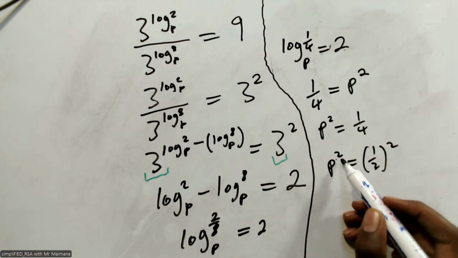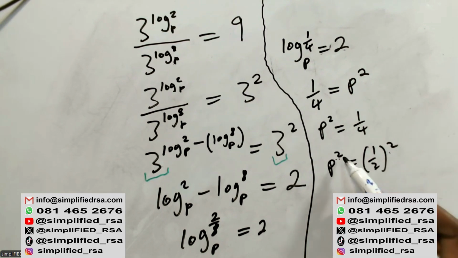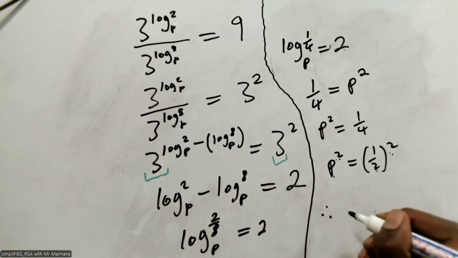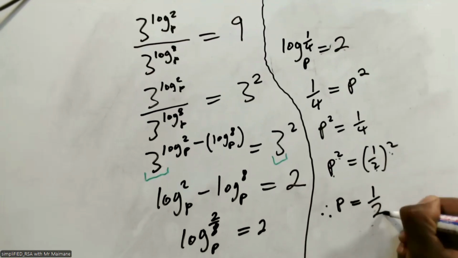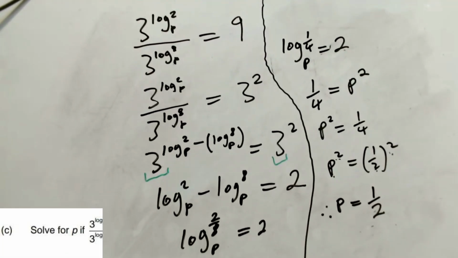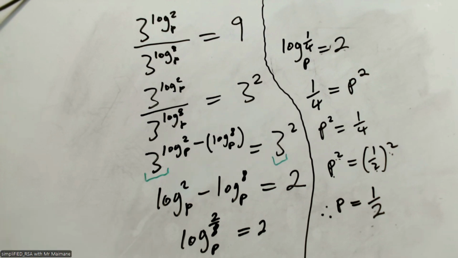And again, by the rules of exponents, if the exponents are equal, then the bases are also equal. Therefore, it's safe to say p is equal to 1 over 2, whereby we have solved the value of p, which we were required to solve. So that's how easy it is.